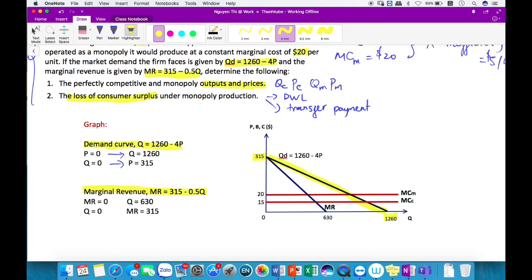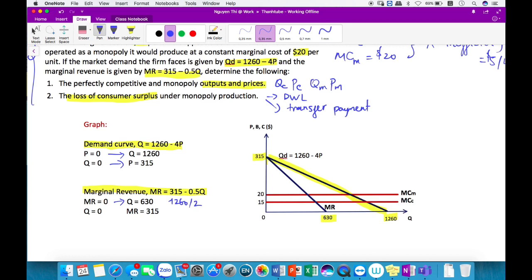Next, for marginal revenue, you set marginal revenue equal to 0 to get the output equal to 630, and you can notice that this actually equals 1260 over 2, right? Or in other words, marginal revenue will intersect the bottom line at the midpoint that we often mention.